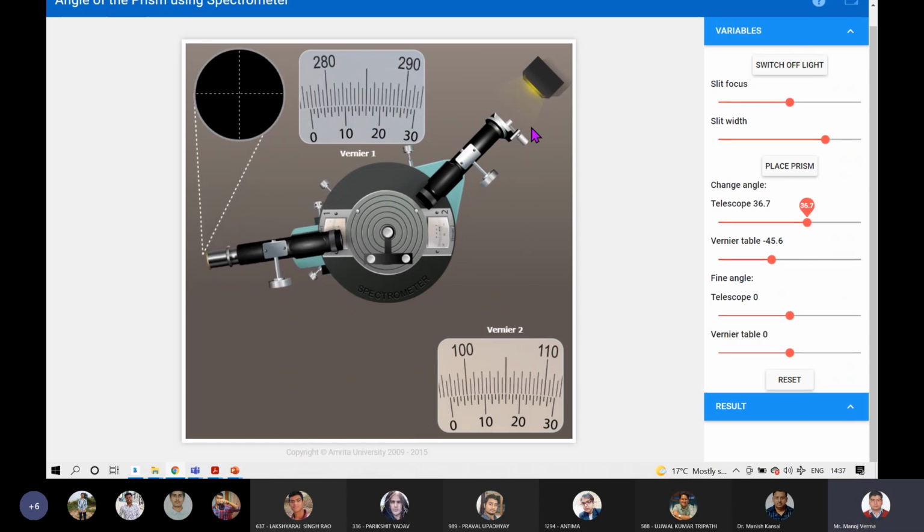Now you can see this vernier scale has points from 280 to 90. Forget about the vernier scale, just tell me the minimum angle which can be measured by the main scale. Half degree. Half degree, are you sure?